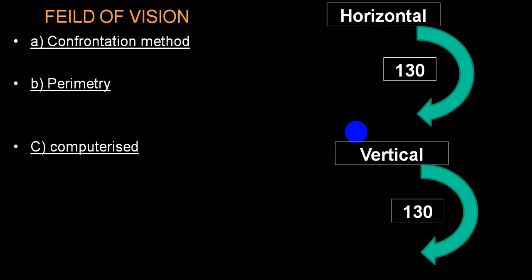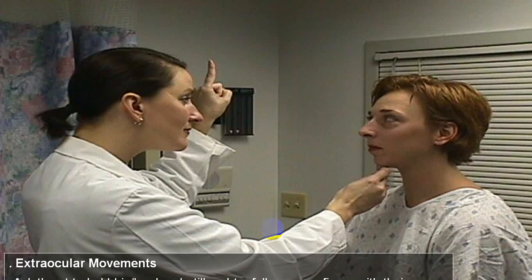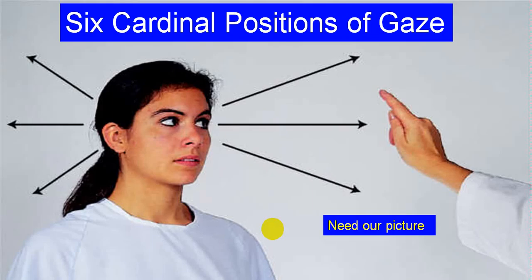You can do it in a vertical field, you can do it in a horizontal field. And extraocular muscle movements, you should check simultaneously, because if there is any nystagmus, or any paralysis of extraocular muscle, it will have an effect on field of vision, but not on acuity of vision. So extraocular muscle movement should be checked in all 6 directions.